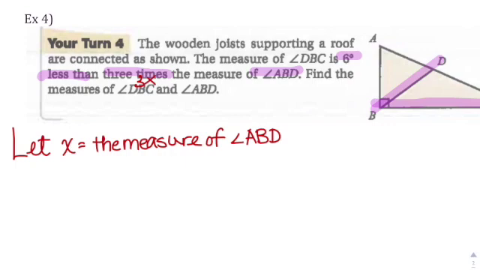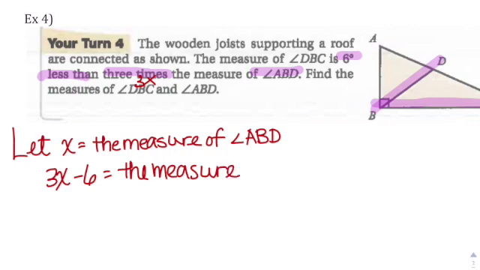But less than tells you to switch the position. So that's going to be 3x minus 6. And that is going to be the measurement of angle DBC.